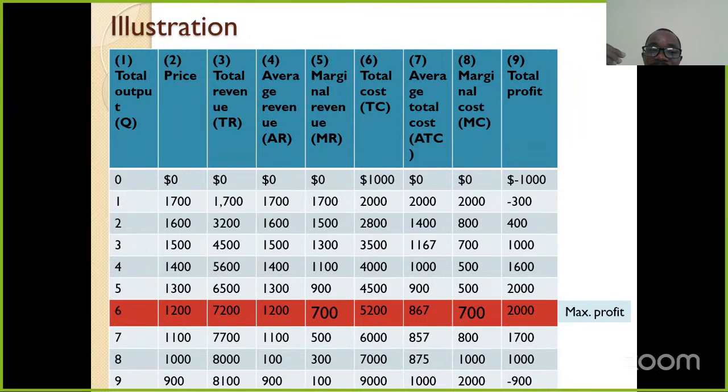If it has to continue or add more production, for example, 7 or 8, you see that the profit will start to dwindle. So this is the marginal analysis that I was talking about that helps businesses to determine the output level and the price that would make maximum profit.